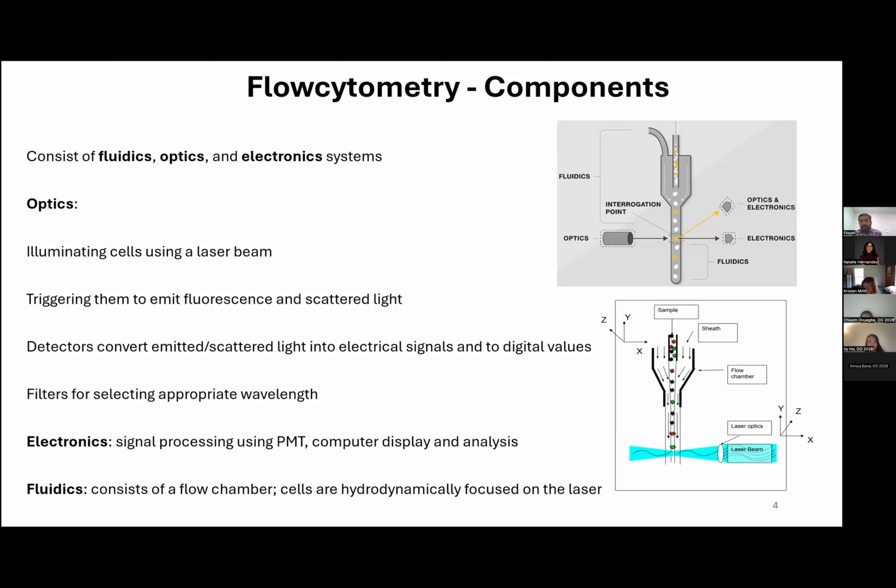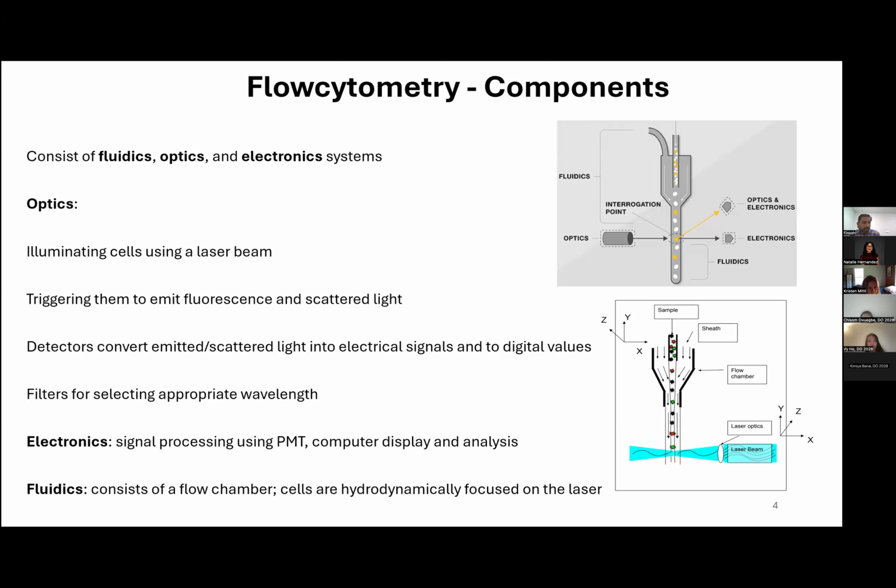So there will be a detector to see how much it is scattered or how much fluorescent signal is being emitted. That will be captured by the detector and converted into digital signals. So that's how the optics work, and there will be filters available to select the appropriate wavelength.